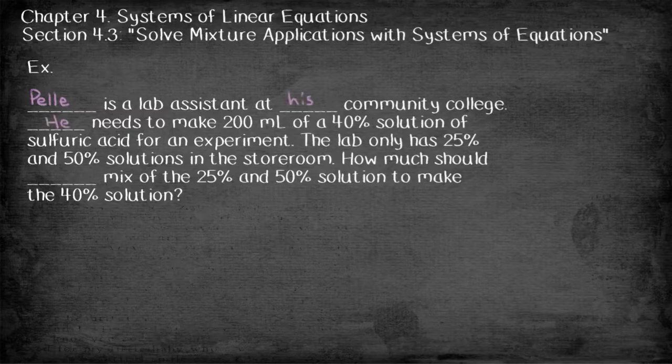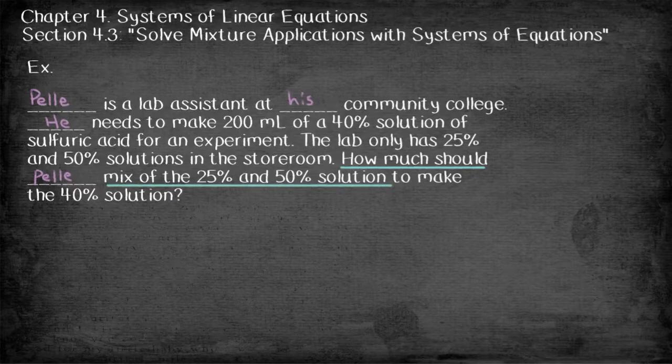He needs to make 200 milliliters of a 40% solution of sulfuric acid for an experiment. Unfortunately, the lab only has 25% and 50% solutions in the storeroom, which figures, right? Every time you need 40% solution, 25 and 50 available. Typical. But okay, so how much should Pell be mixing to get 200 milliliters of a 40% solution?